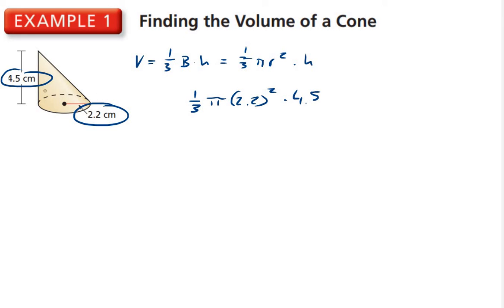Now, to be exact, they should have indicated that there's a right angle here, but it appears from the information that they've given us that this should imply the height. So that is 7.26 pi, or approximately 22.81, and that is in centimeters cubed.